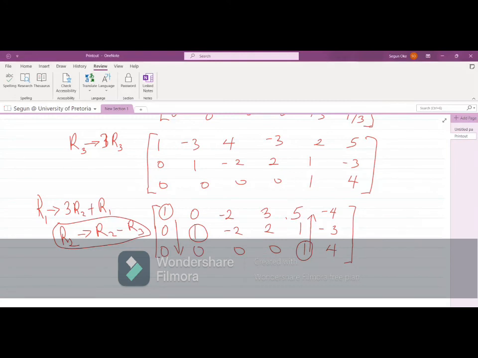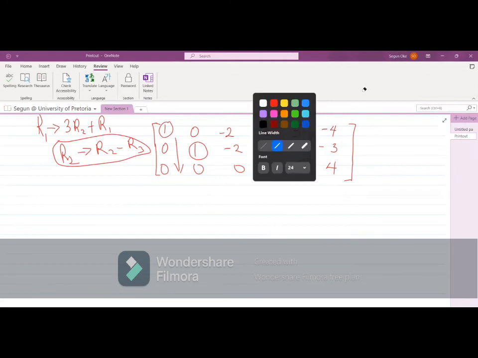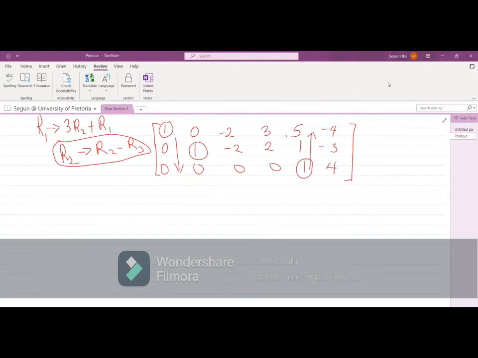For us to do that, it's very simple. You have different skills to do it now. R1 minus R1, R2 minus R2. So let me clean this.